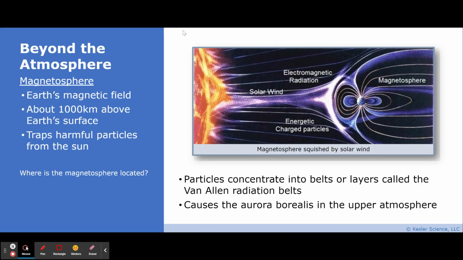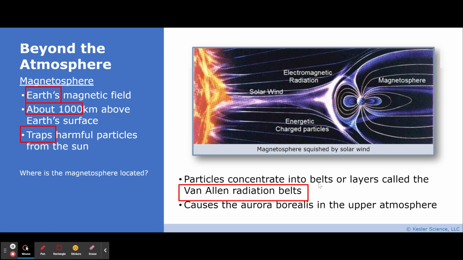All right, our final section, beyond the atmosphere, the magnetosphere. Now, I will be honest with you, you're not going to have a question about most of this. There is one section you're going to have a question about. So the magnetosphere, it's Earth's magnetic field about 1,000 kilometers above the Earth's surface. It traps harmful particles from the sun. What you're going to want to pay attention to is this Van Allen radiation belt.